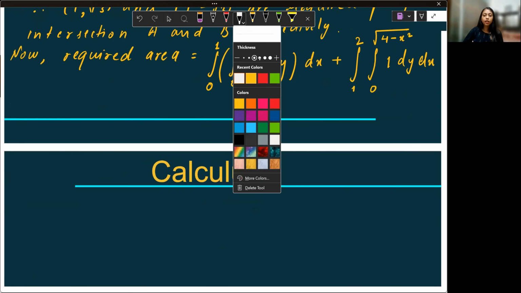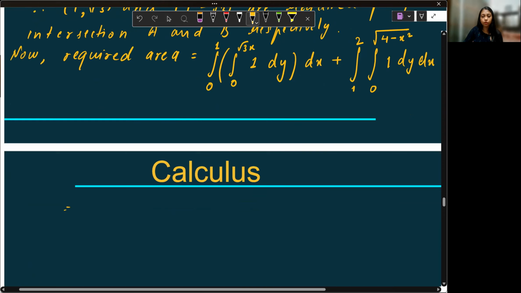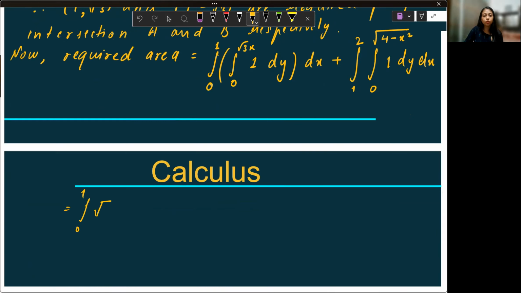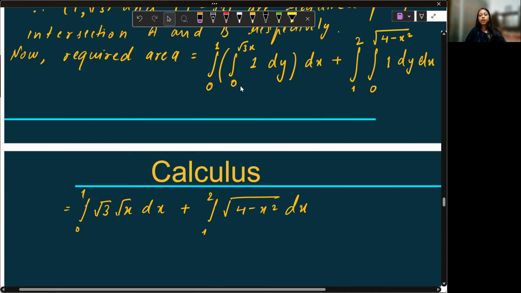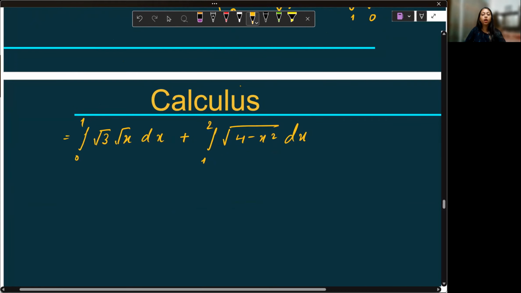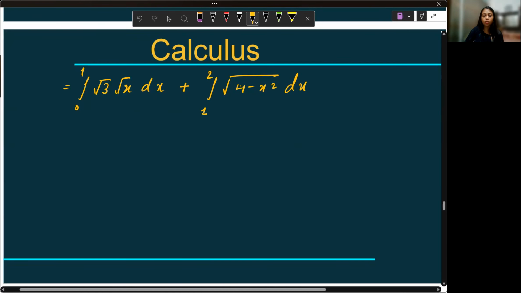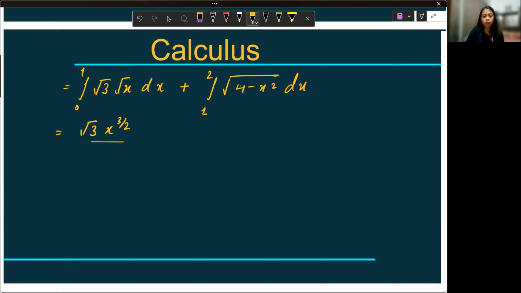Let's solve. This is equal to, so 0 to 1, this is root 3 root x dx plus 1 to 2 under root 4 minus x squared dx. In the next one, you will apply the formula under root a squared minus x squared. And the first one, power formula, root 3 outside, x raised to the power 3 by 2 divided by 3 by 2.